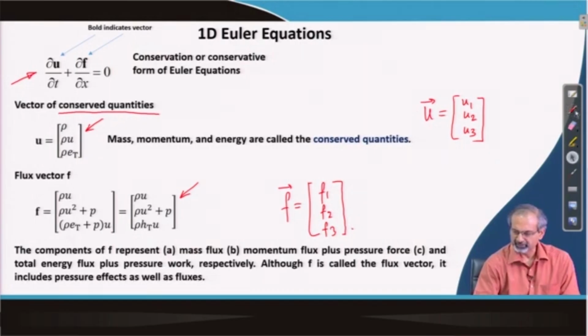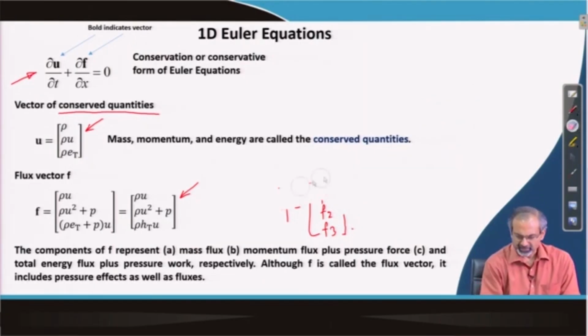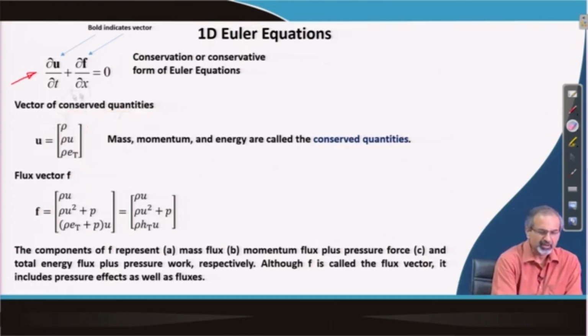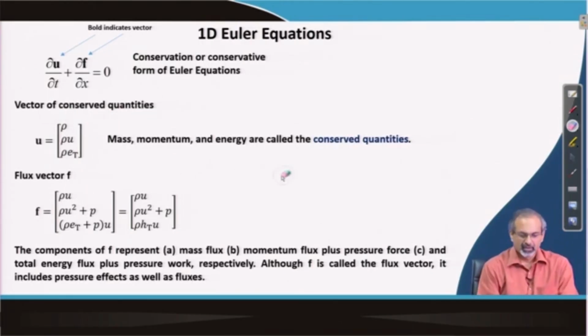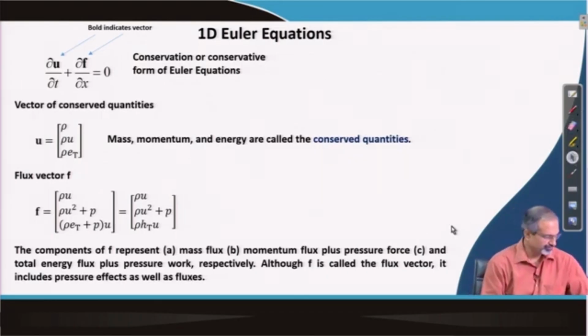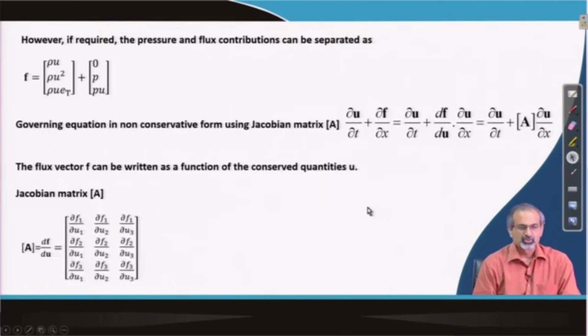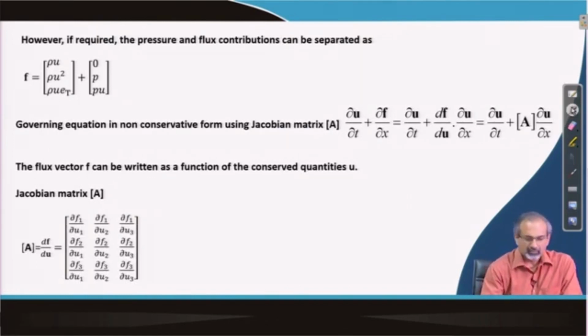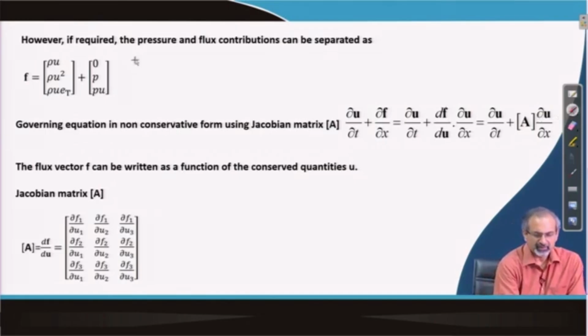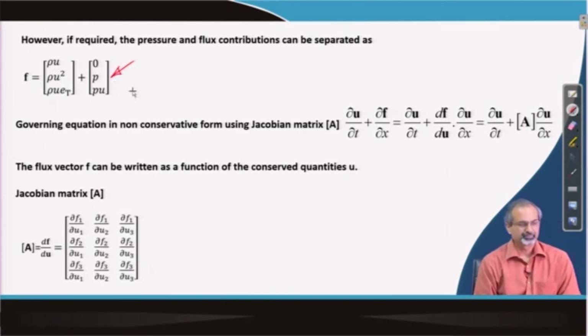The next step at this point would be to represent the different components of the flux vector in terms of the different components of the conserved quantities. So, let us try to look at that aspect gradually. So, before we do that, we would like to mention that sometimes the flux vector is split up, because you have seen that the second and third components of the flux vector comprise of two terms, not a single term.